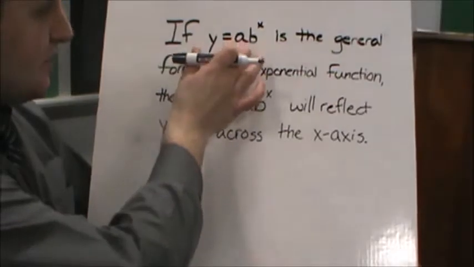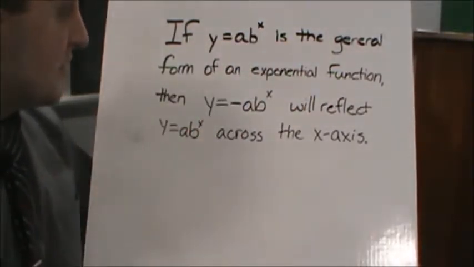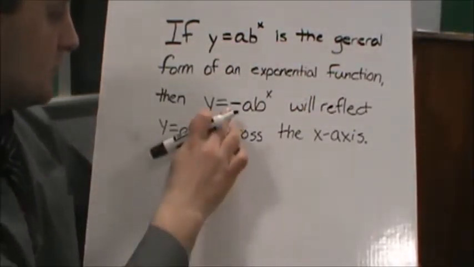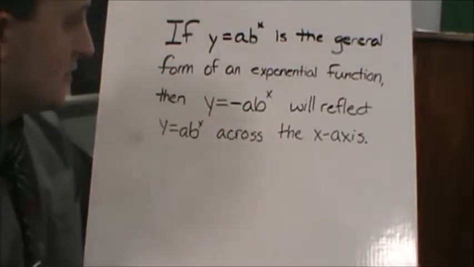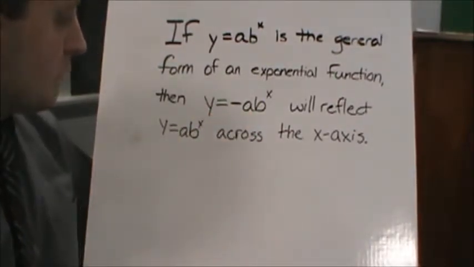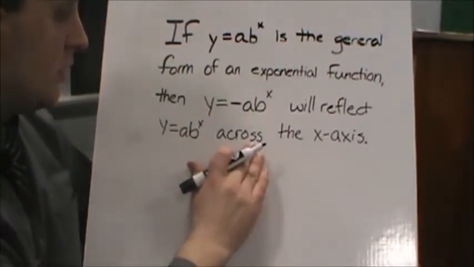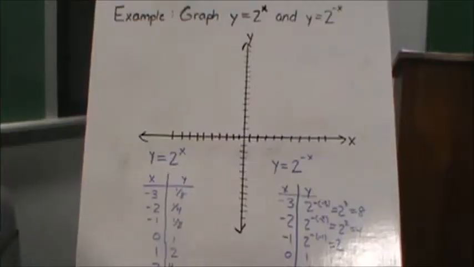So again, if y equals ab to the x is the general form of an exponential function, then y equals negative ab to the x will reflect the general form y equals ab to the x across the x-axis.